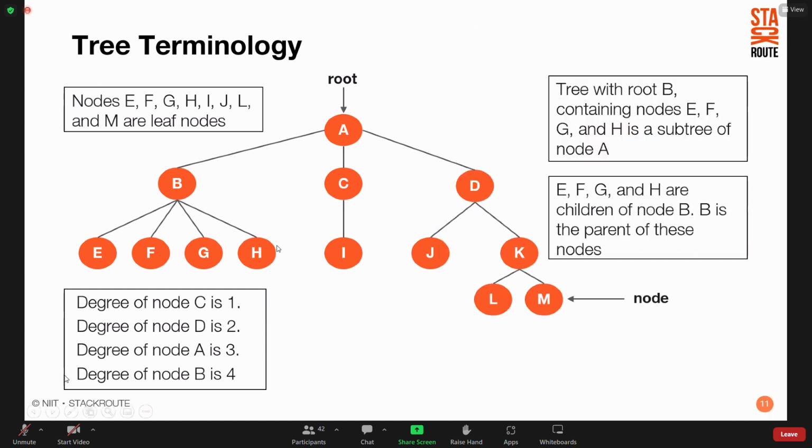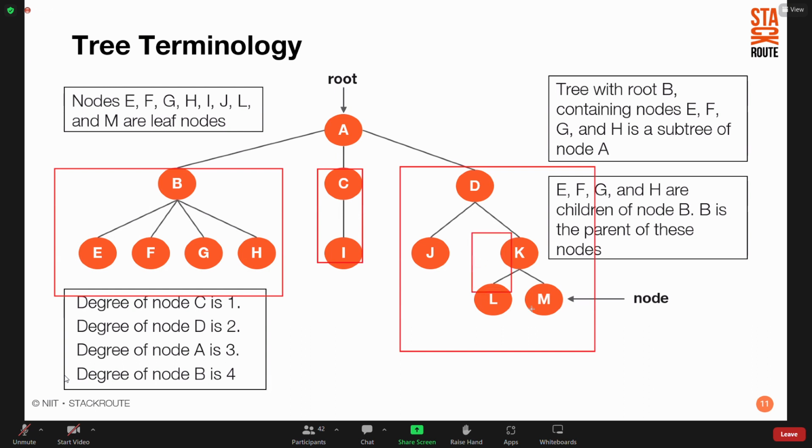So if you take B block, I told you, this B block is one subtree, C is one subtree, this D block is one subtree. Apart from this, the K, L, M is another subtree. I can say there are 4 subtrees in this diagram. So if you take this tree structure which is in front of you, I can further say there are possibilities for 4 subtrees.